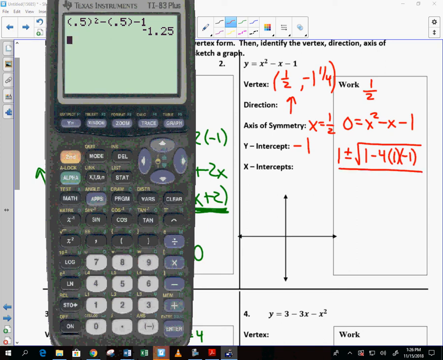Divided by 2 times A. Notice this 1 over 2. That's your vertex, right? Vertex always shows up in the quadratic formula. How many negatives do you have underneath here? You got 2 of them, so they'll change to positive. So that's 1 plus or minus the square root of 5 over 2.